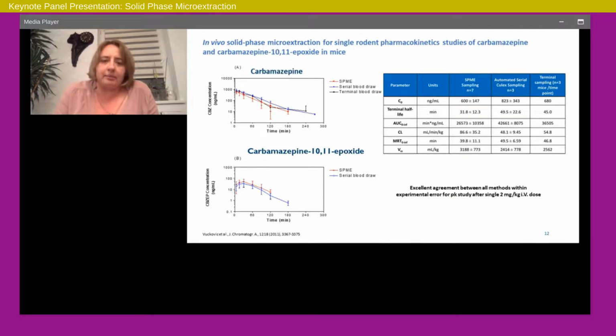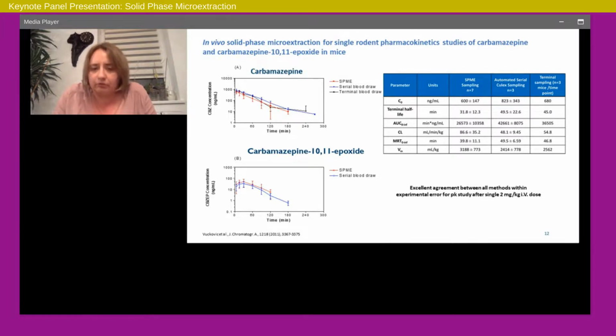So again, some examples of the applications. So exactly these devices were used for extraction from the bloodstream of carbamazepine and its metabolite. So basically, the colleague of mine was using full pharmacokinetic profile of carbamazepine and its metabolite. And the SPME data was compared with automated serial sampling and also terminal blood draw.